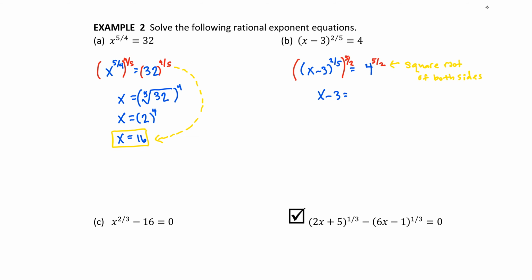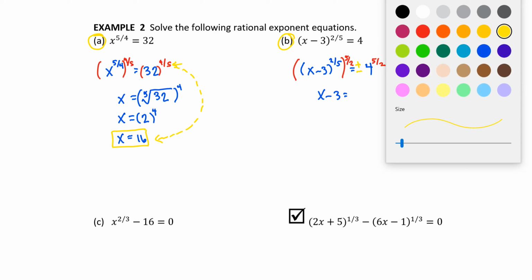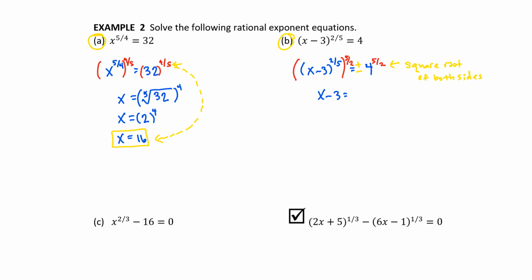Well, we learned in our square root property that when we take the square root of both sides, we get one positive and one negative answer. Now, we didn't do that on example A because the denominator was an odd number. When you take the cube root or the fifth root or an odd root of both sides, you don't need the plus or minus. But on this example, because the denominator was even, we do need that plus or minus. So that's pretty sneaky. Sometimes I forget about that. I hope you don't forget about it. But we've got it here where we need it.